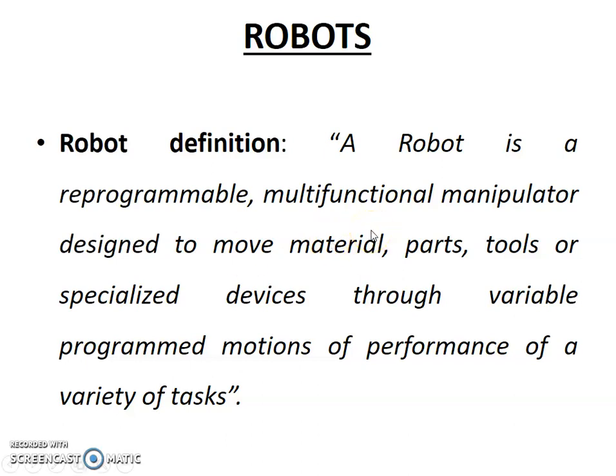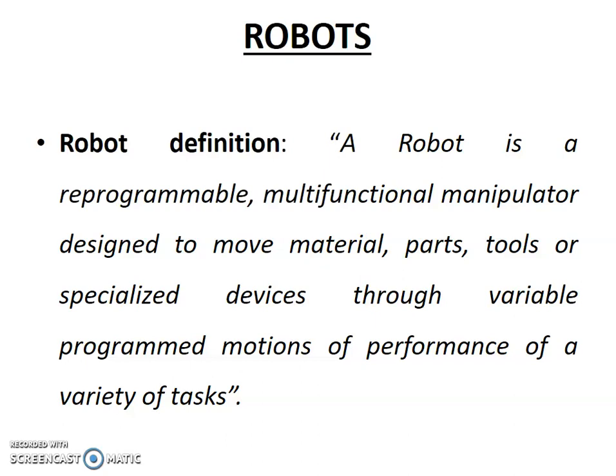We have seen robots in movies where the robots can communicate with other robots or human beings, and they can do different tasks according to the instructions given by the human.